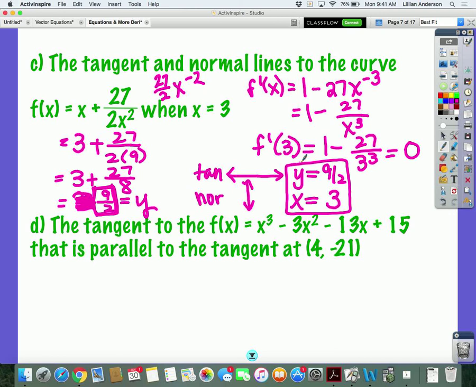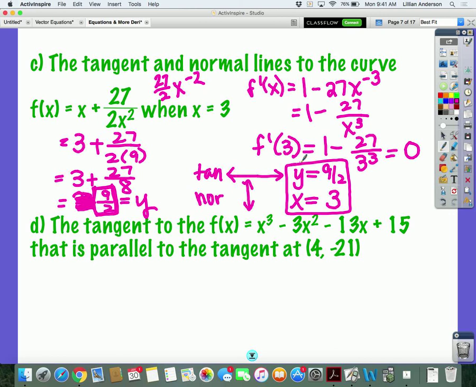D, the tangent to this curve that is parallel to the tangent at 4, negative 21. Parallel lines, what do you know about them? They have the same slope. So if they have the same slope, then all you gotta do is really just find the slope, right?